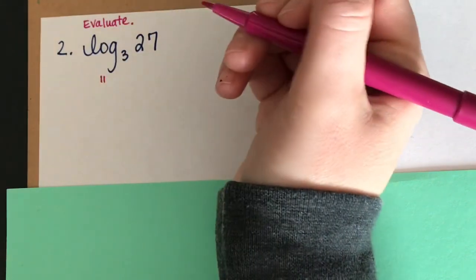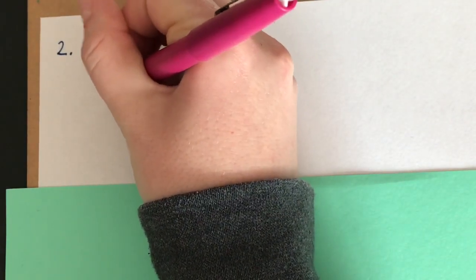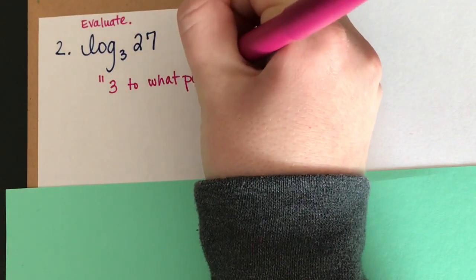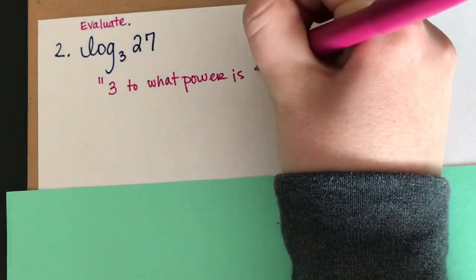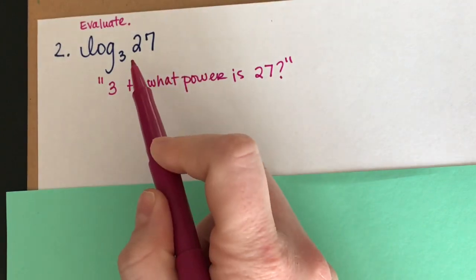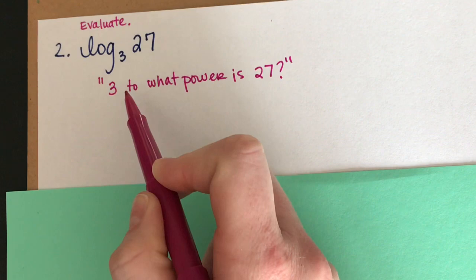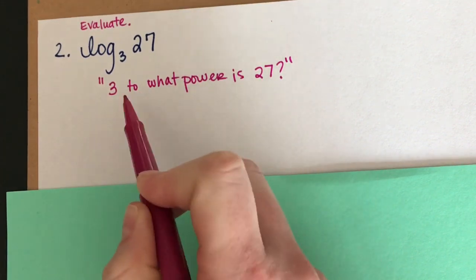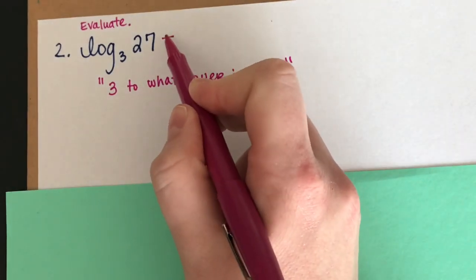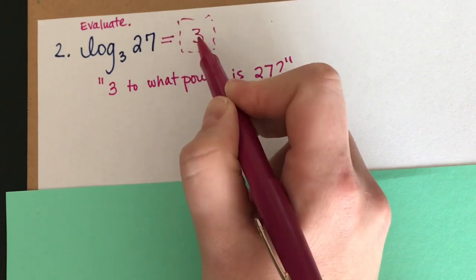Well, you don't have to write this, but in your mind, I want you guys to be able to go, well, 3 to what power is 27? That's what that question's asking. So if you don't get what it means here, just translate it. So 3 to what power is 27? Well, hopefully you guys know that that is 3.